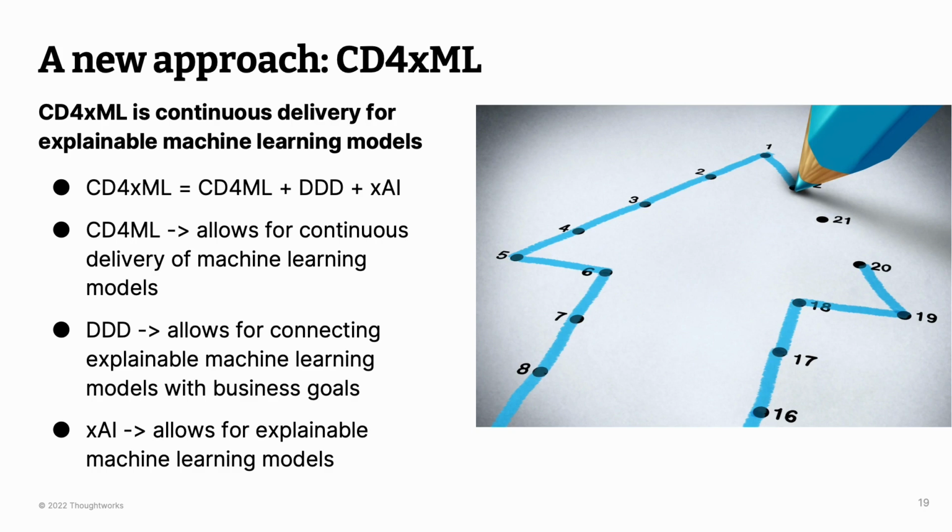Remember, CD4ML allows for continuous delivery of machine learning models. DDD allows for connecting explainable machine learning models with business goals, and XAI, the last piece, allows for these explainable machine learning models that we need.